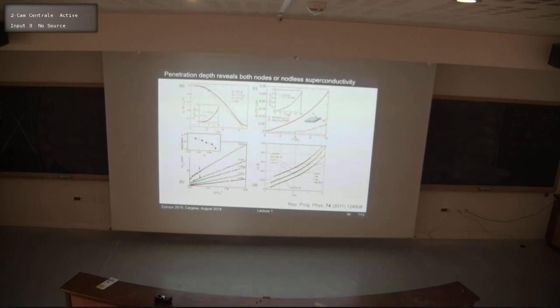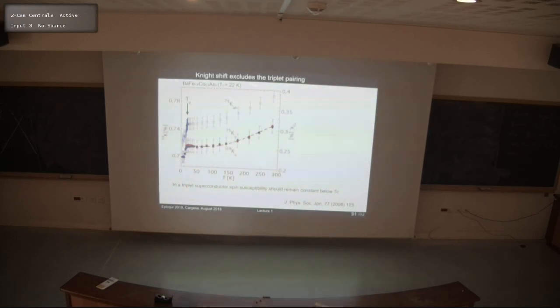So I think the issue with gap symmetry is very dependent on sample quality. Often the samples which are the cleanest seem to have nodes, whereas the dirtiest ones are nodeless. And the Knight shift excludes triplet pairing in iron-based superconductors. So this is at least something which I think people agree on, that there is no triplet superconductivity.